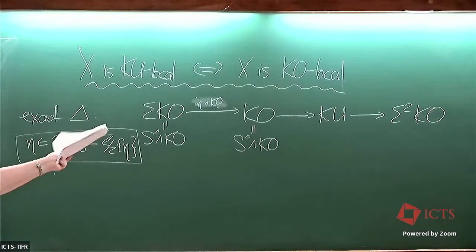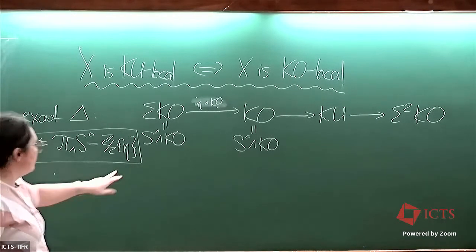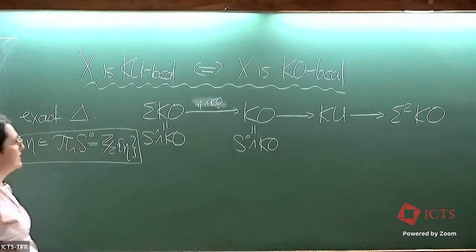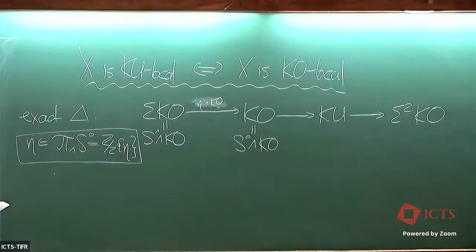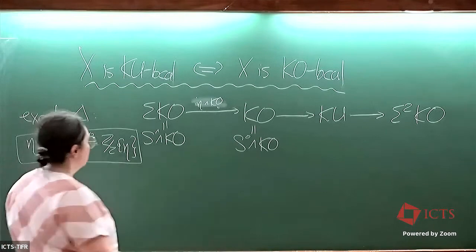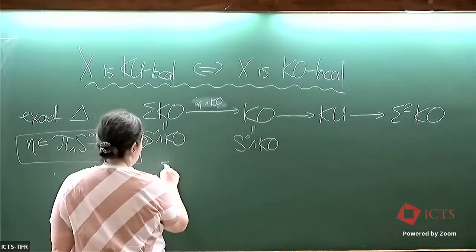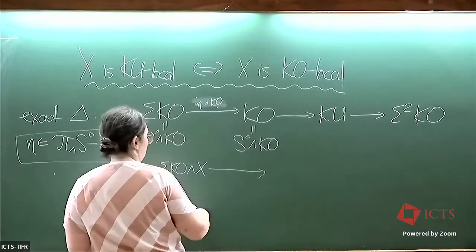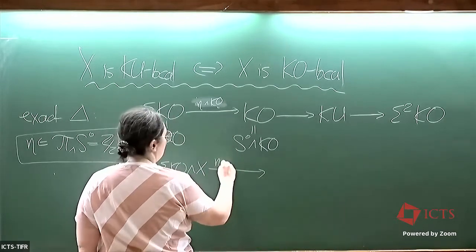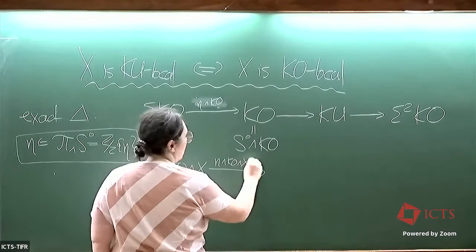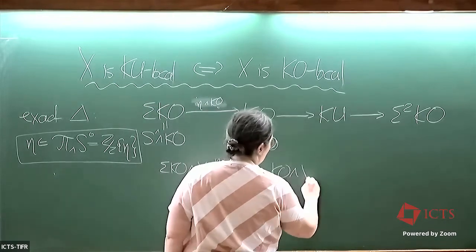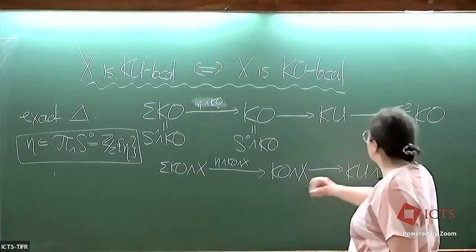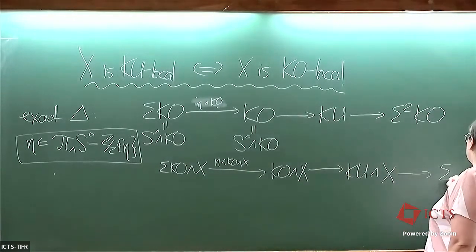You could take KO and smash it with eta here, and that fits into an exact triangle like so. So now I can also smash that with X. If I now smash that with X, I get, take any spectrum X, I can smash it and still have an exact triangle.